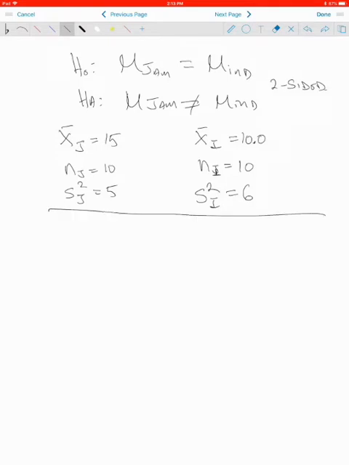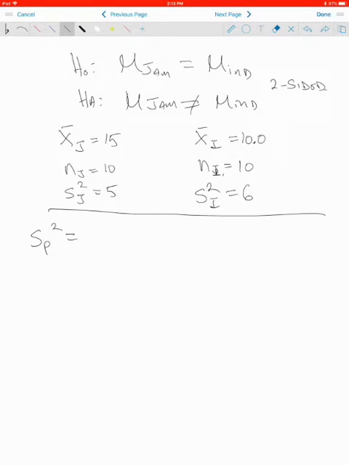So the first thing we need to do is to get the pooled variance. So the pooled variance is N1 minus 1 times the variance of the Jamaican sample, plus the number of Indian minus 1 times the variance of the Indian sample, divided by N1 plus N2 minus 2.